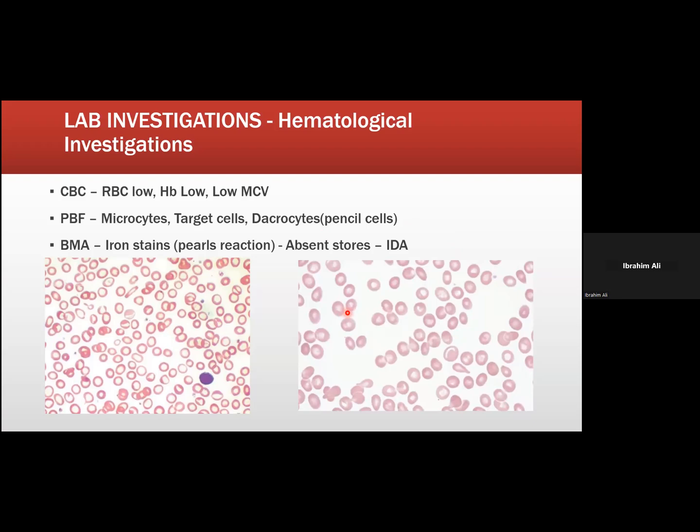So that's why in the circulation we have low iron, but the storage at the bone marrow will show blue. So that is it for the hematological investigation.